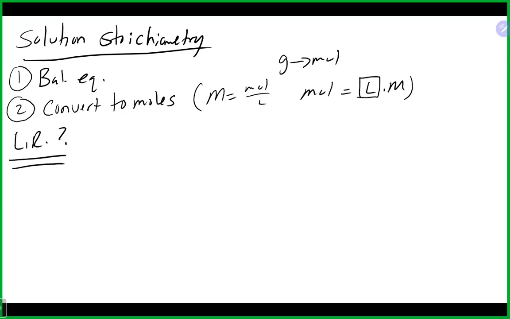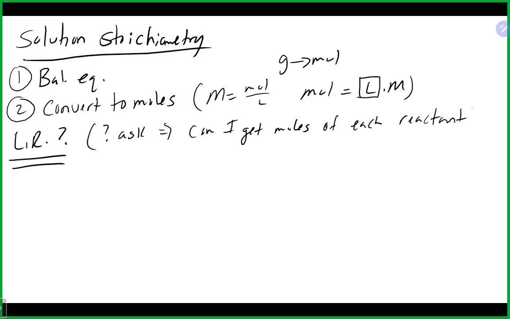To determine if it's a limiting reagent problem, the question you want to ask yourself is basically, can I get moles of each reactant? If from the information given to you, you could directly calculate moles of both reactants, then for sure it's a limiting reagent problem.